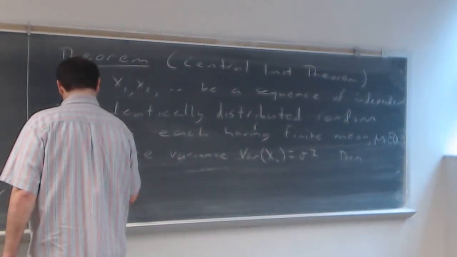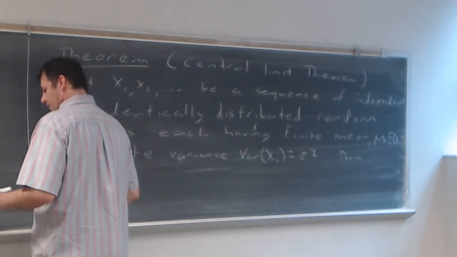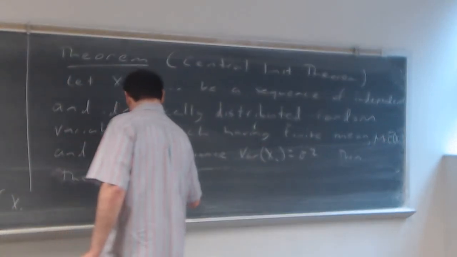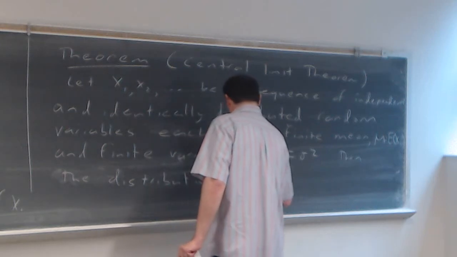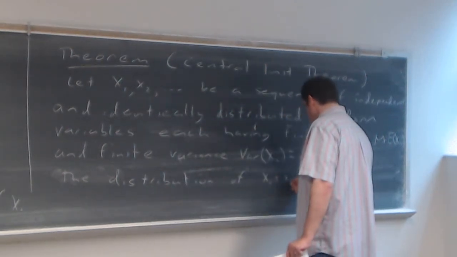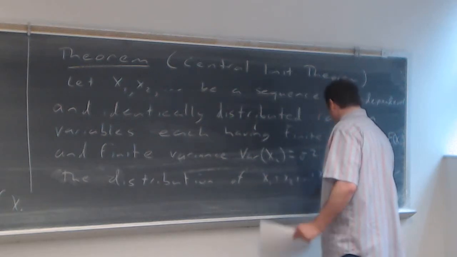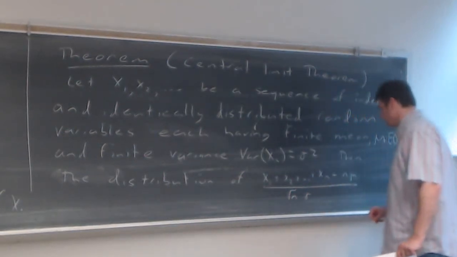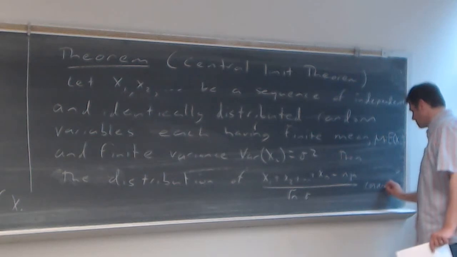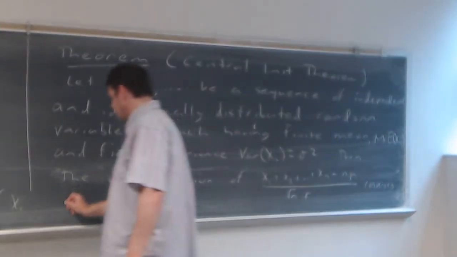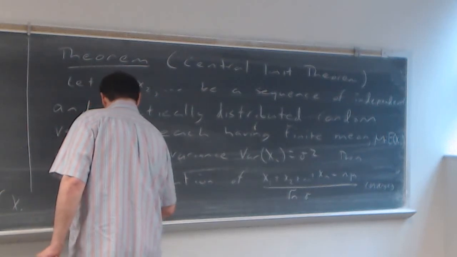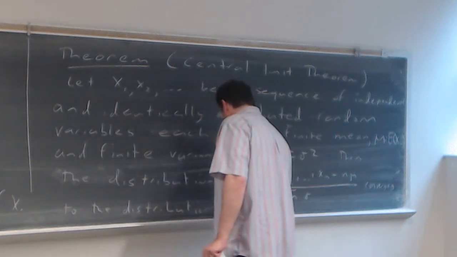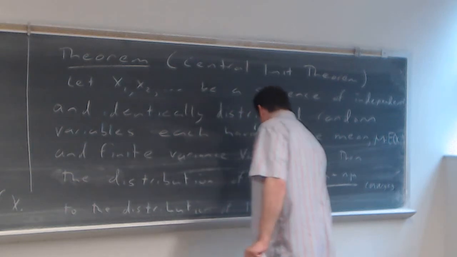the distribution of this particular function, X1 plus X2 plus all the way up to Xn minus n mu, over the square root of n times sigma, converges to the distribution of the standard normal random variable.